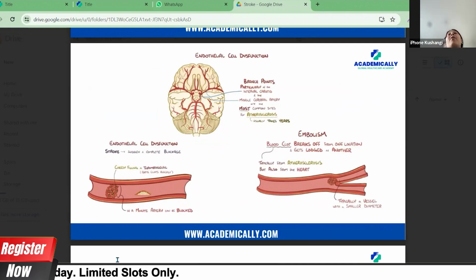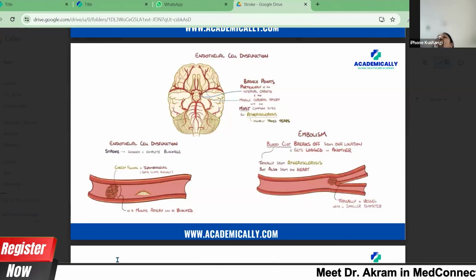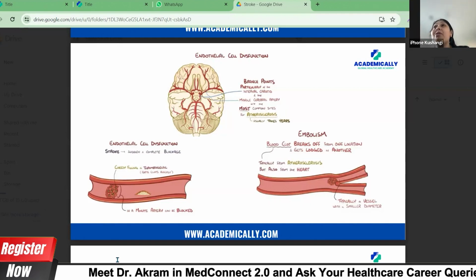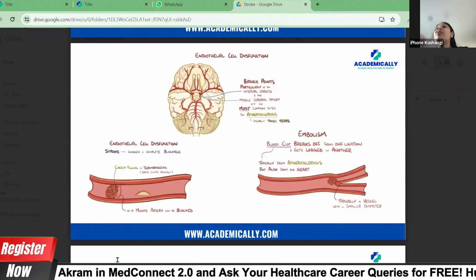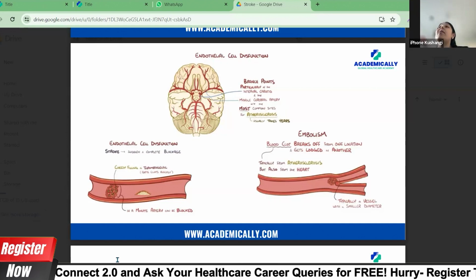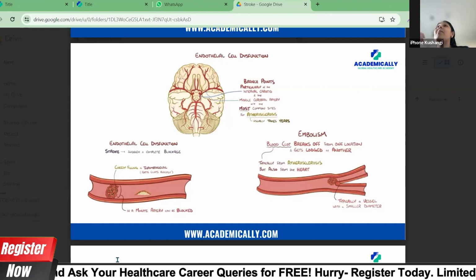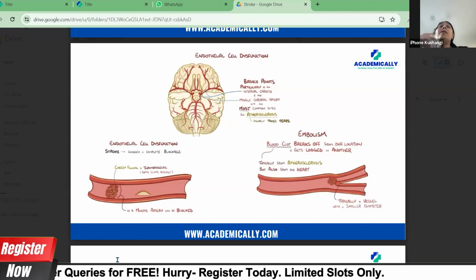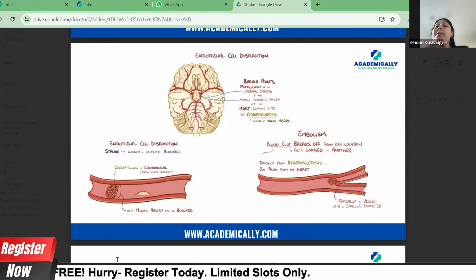It might have got dislodged from another artery in the body, and that embolus moved over and got stuck in one of the arteries in the brain. That is the embolic stroke. In a thrombotic stroke, the plaque originates from the brain artery itself and grows in size, in turn obstructing the blood supply.